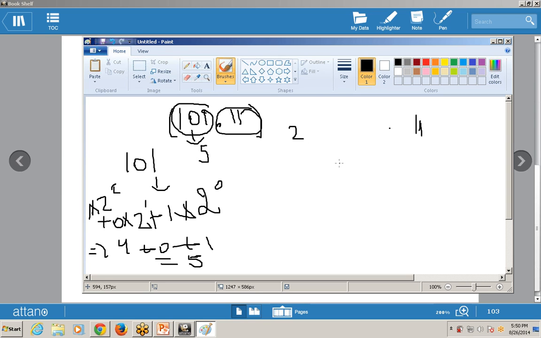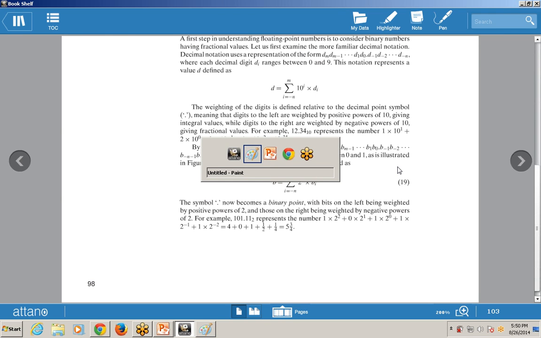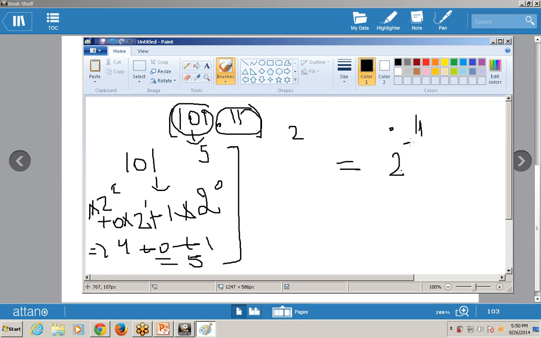So this value has an output of 5. Now use .11. I have explained the integer part in previous classes, right? Now this is your new concept, 0.11. First of all, use 2 power minus 1 into 1. Here for the integer we go from right to left, but for the fraction we go from left to right. Use 2 power minus 1 into 1 plus 2 power minus 2 into 1.